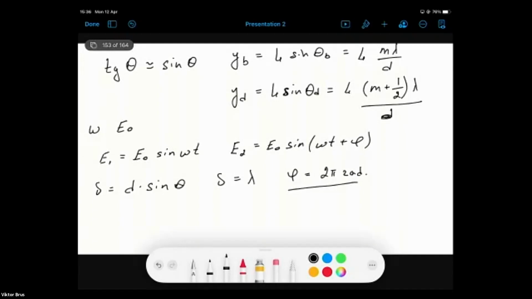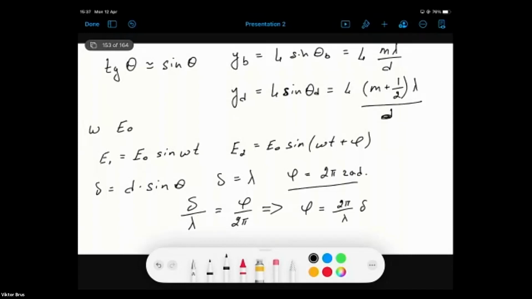So mathematically, we can write delta over lambda is equal to phi over 2 pi. From here, we can write the expression for phi in terms of phase difference, 2 pi over lambda times delta.